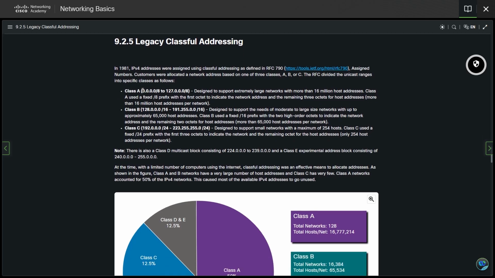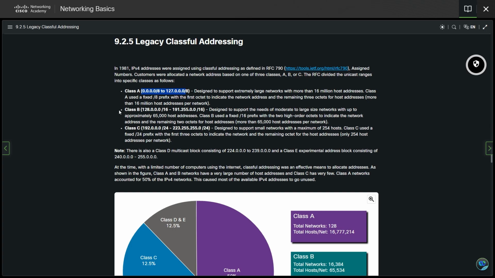Class A is designed to support extremely large networks with more than 16 million host addresses. Class A uses a fixed /8 prefix, with the first octet indicating the network address and the remaining three octets for host addresses. More than 16 million host addresses per network.